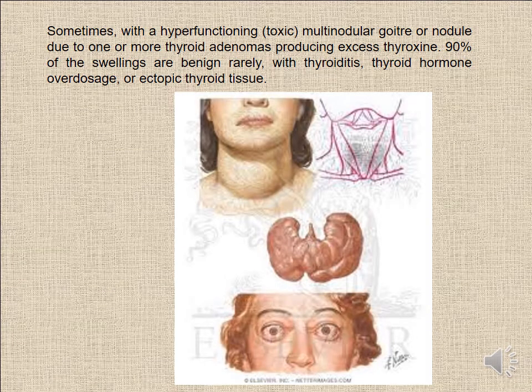Sometimes it occurs with a hyperfunctioning toxic multinodular goiter or nodule due to one or more thyroid adenomas producing excess thyroxine. 90% of swellings are benign, rarely with thyroiditis, thyroid hormone overdosage, or ectopic thyroid tissue.